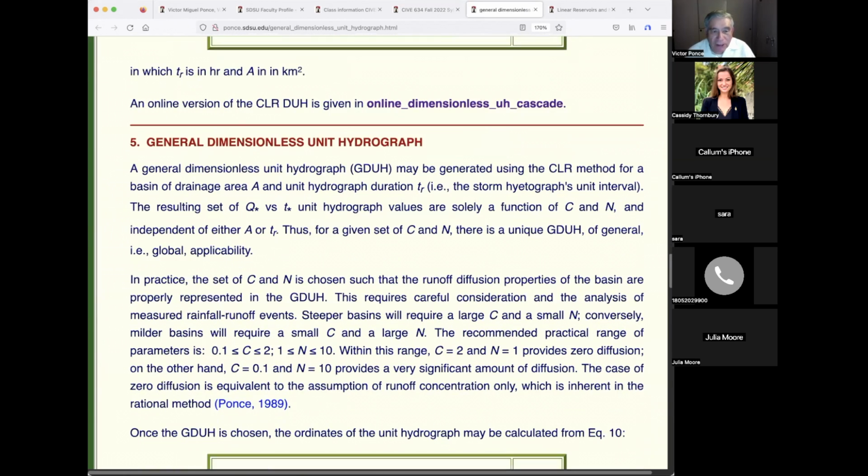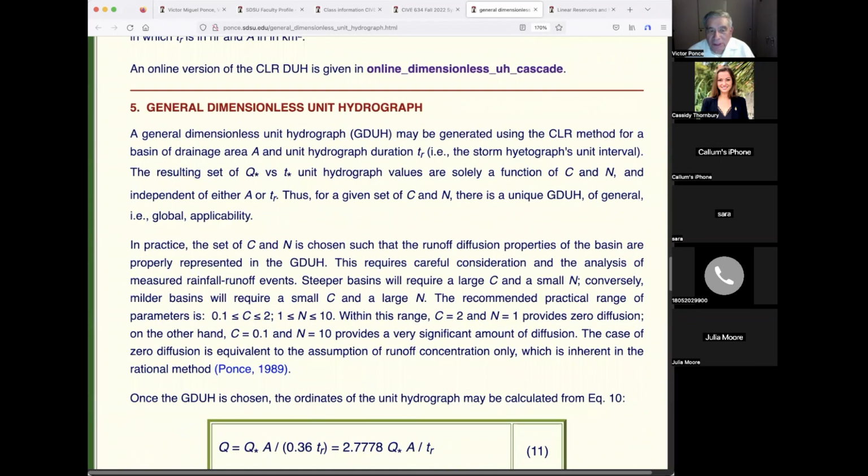And then we find that a general dimensionless unit hydrograph may be generated using the CLR method. The CLR method is cascaded linear reservoirs. The resulting set of Q star and T star are the dimensionless values. There's a nice story on that that I am going to share with you. I decided, in my wisdom, as they say, to not use star because I thought that star was clumsy, cumbersome.